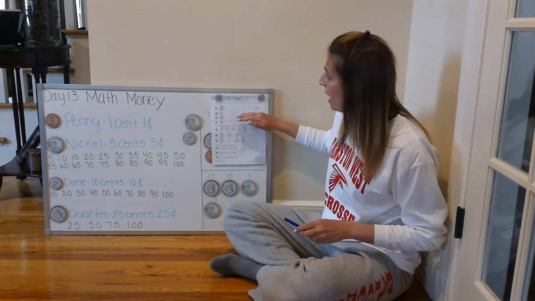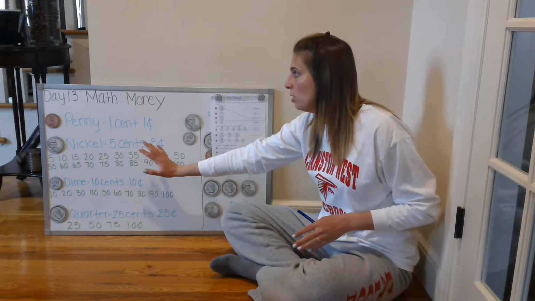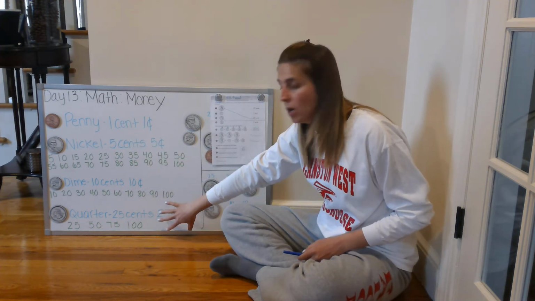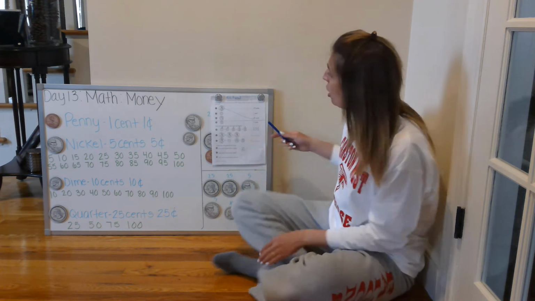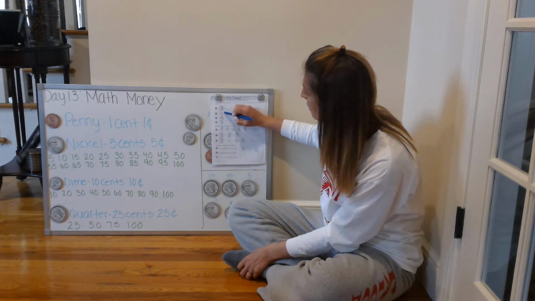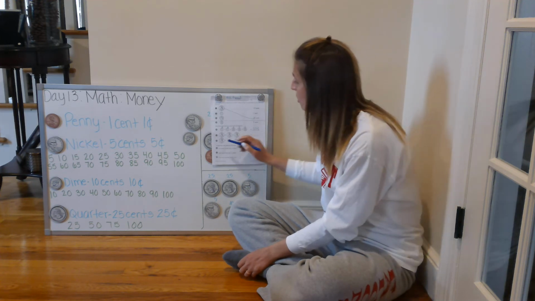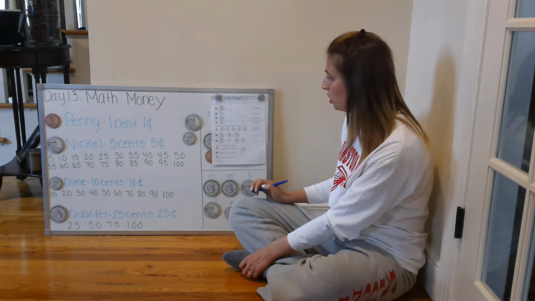I just want to go back and explain the whole worksheet again, and then we will review our coins, practice counting by 5s, 10s, and 25s before you finish the rest of the worksheet on your own. So for problems 2, 3, and 4, you're going to identify the coin and match it to its worth. For problems 6 and 7, you're going to calculate how many cents you have total.